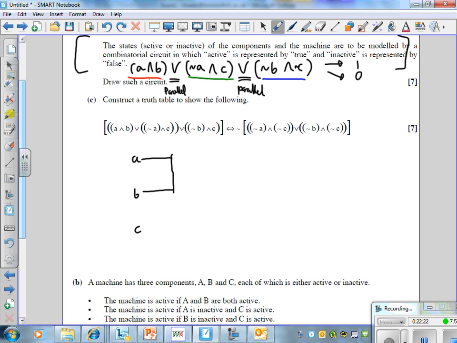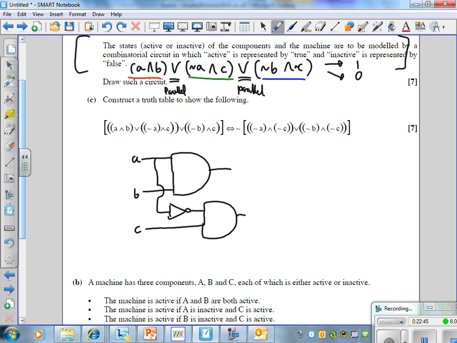So we just have to get our A's, B's and C's out here. First of all, some of them are going to have to be notted as well. But let's just deal with the first one. A and B there is going to be represented by this one. So there's A and B. Okay, that one's there.